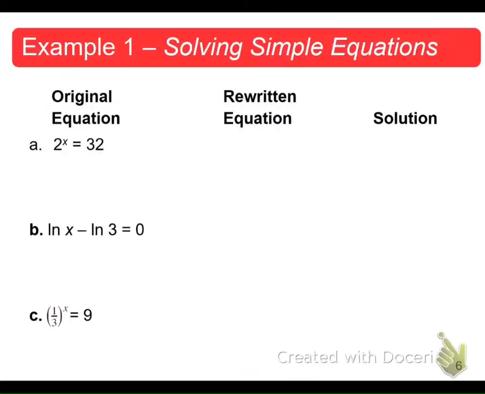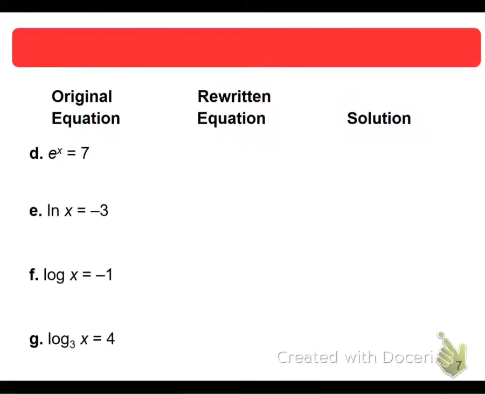All right, continuing on with example 1, letter D, e to the x equals 7. Now this one's a little different because can you get like bases? No. But remember, what you do to one side, you have to do to the other to keep it equal.